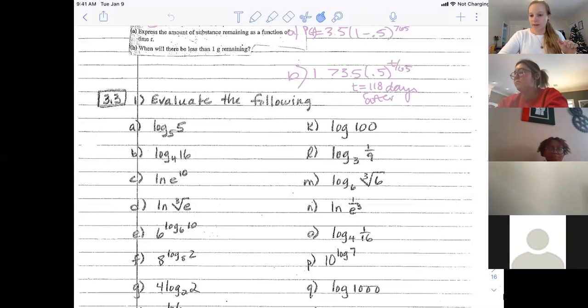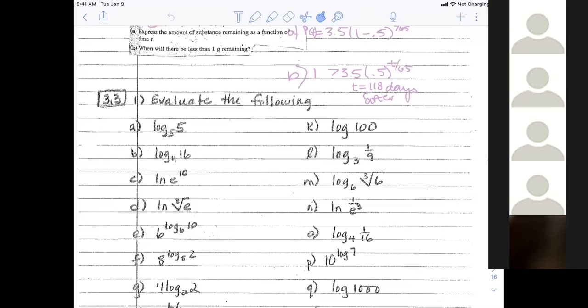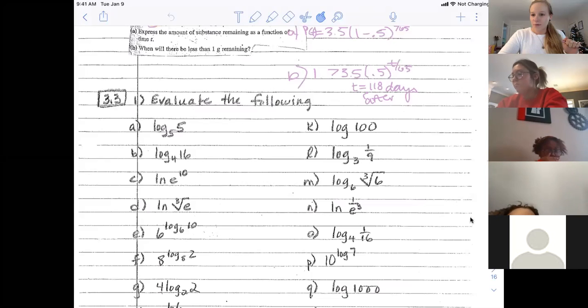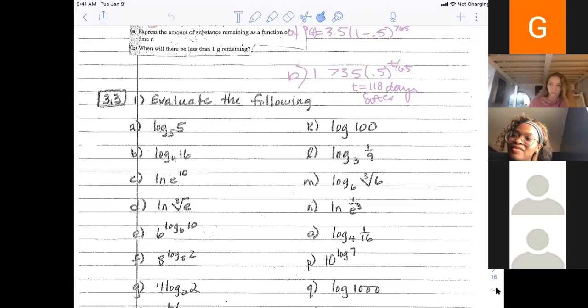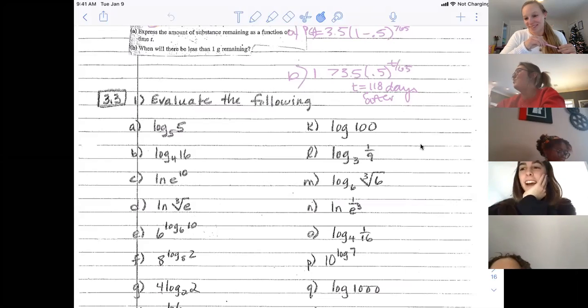Oh, Grace just jumped in. Let's see if Grace has a pet check. Hi, Grace. Hi. I hope your oral exam went well. We just spent the whole first part of class doing pet checks. So do you have a pet for us to share? I wish, but I do not. And I'm sad I missed that. Dang it. Oh, I'm so sorry, Grace.